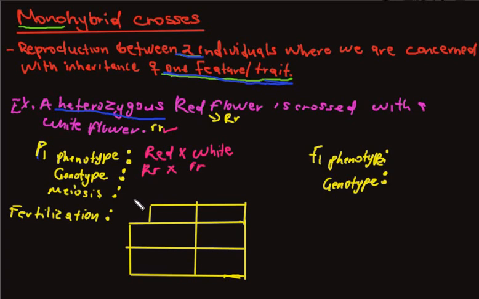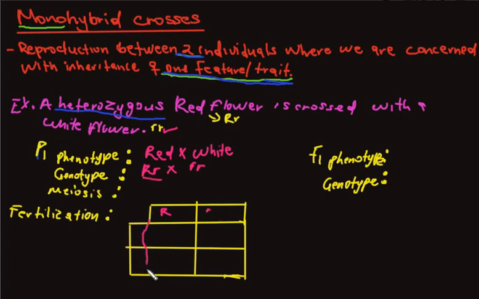So after meiosis, the gametes will actually separate. Then we can start with this, or we can start with this, any. I choose to start with the first one. So here we will have R, R, because I'm starting with this one.